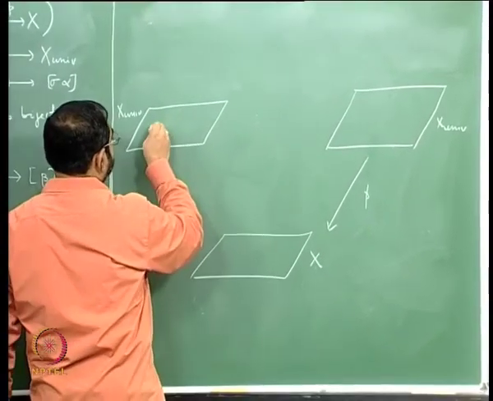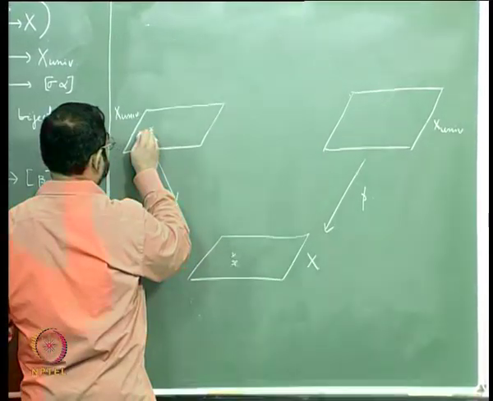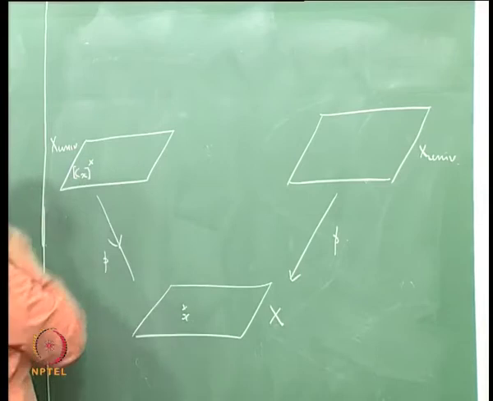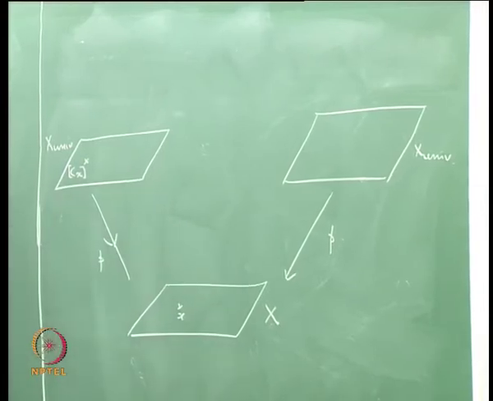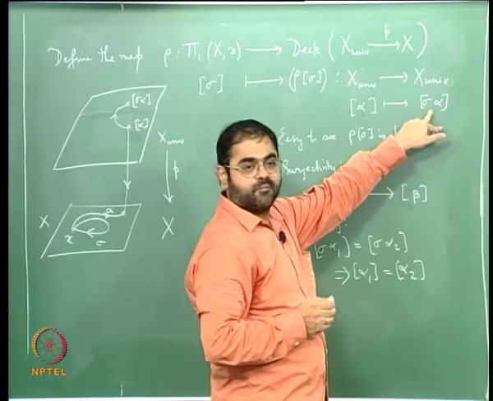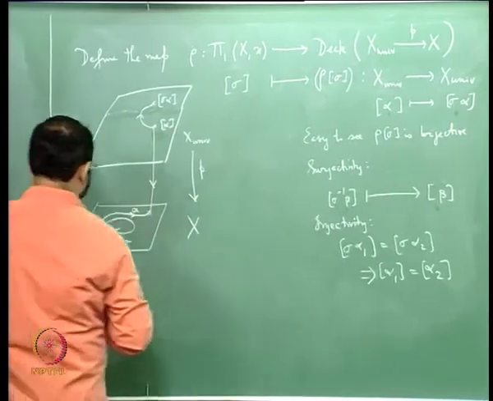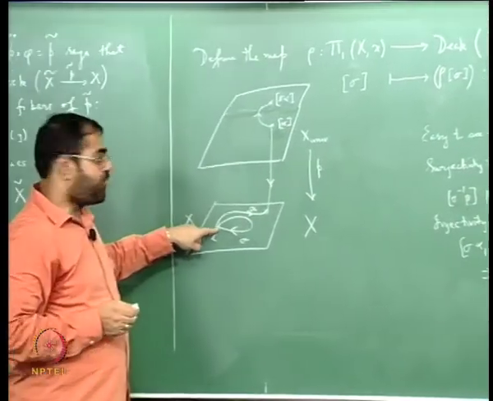What I am fixing here is of course over the point small x, the point I am fixing is Cx, okay. Notice that Cx goes to sigma, okay, and notice also that Cx and sigma are points over x.